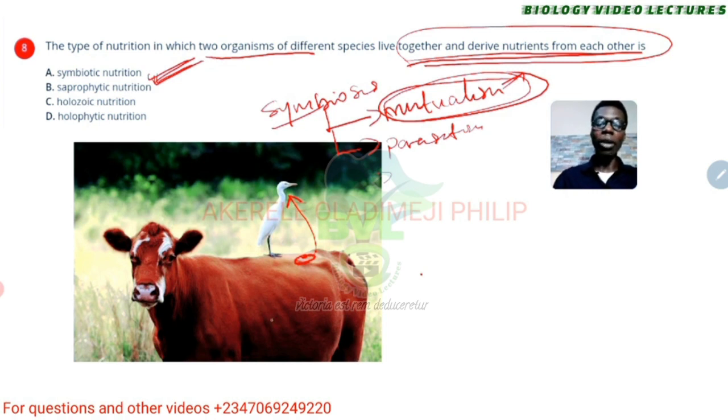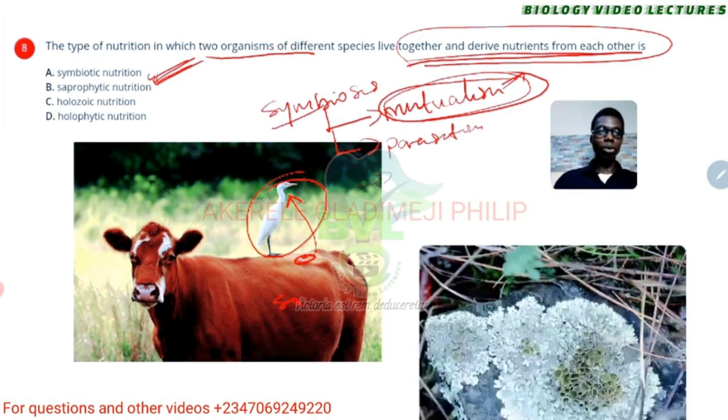How does that help the cow? The ticks that suck its blood are reduced. Let's imagine it has 50 all over its body and the cattle egret removes 10. That means there are 10 fewer ticks sucking its blood, so the cow has more blood to itself.